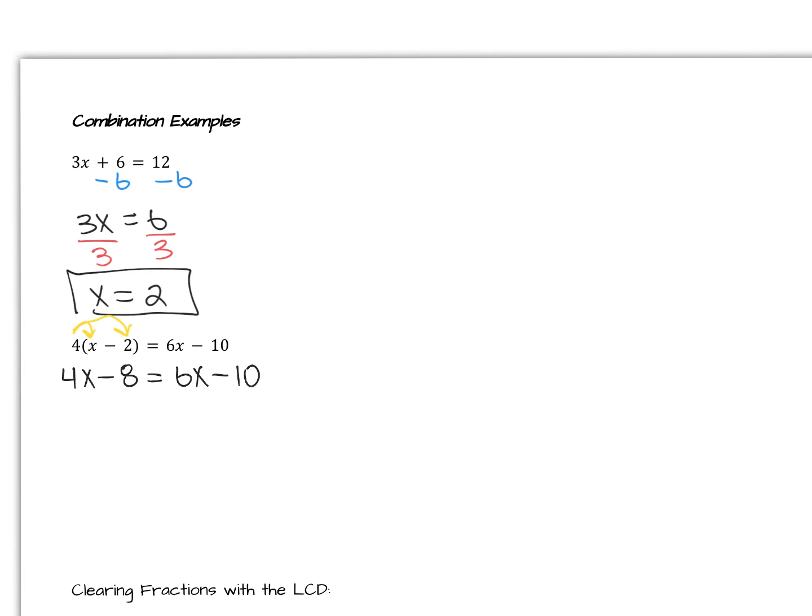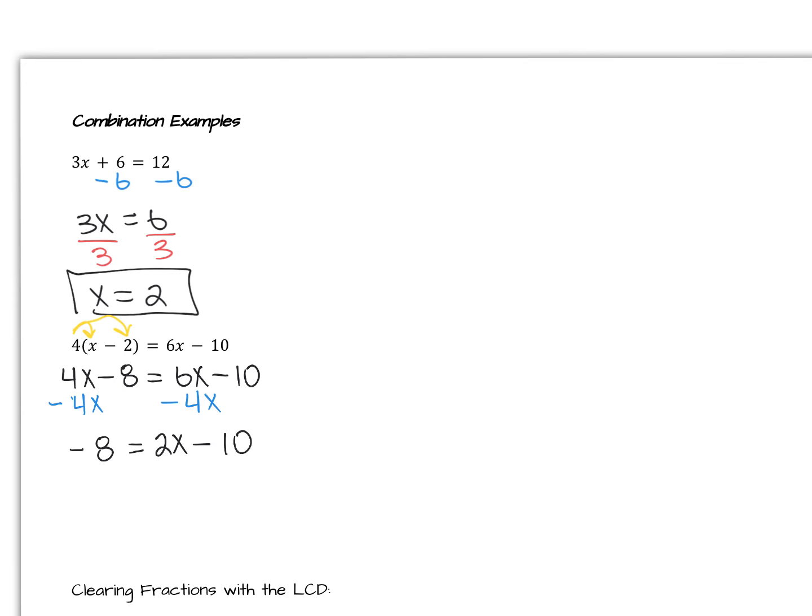Now, in this case, when I'm solving for x, I need to work on getting the x's on the same side of the equation and then moving the constants over to the other side. And it does not matter which you start with first, whether it's moving the variable or moving the constant. I'm going to start by subtracting 4x from both sides. So I get negative 8 equals 2x minus 10.